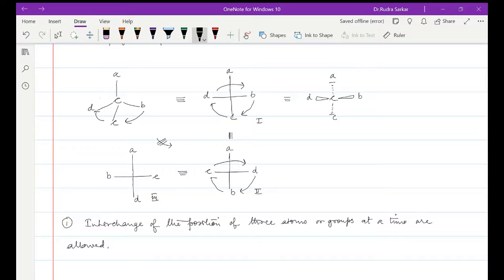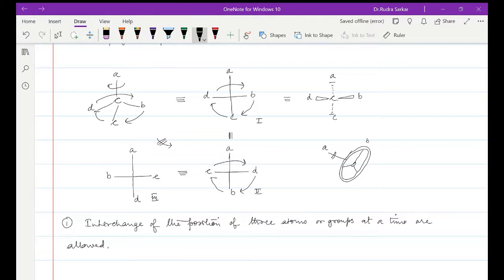In fact, I can consider I basically rotated this bond in an anti-clockwise manner. Okay. You can think that this is a steering wheel, all right, something like that. Steering wheel of a car, where the position of A is fixed, and you are basically interchanging the position of the other groups.